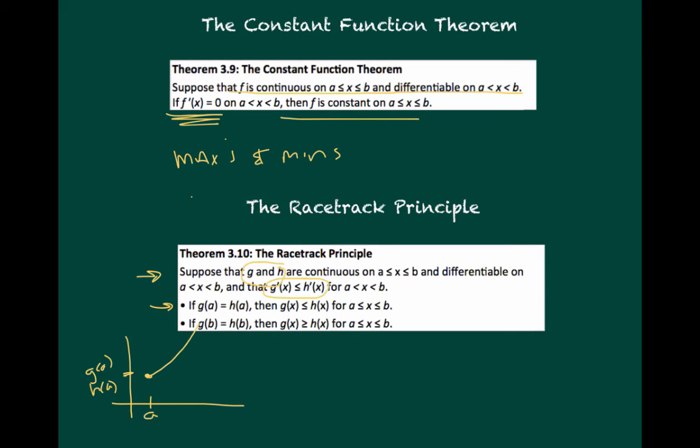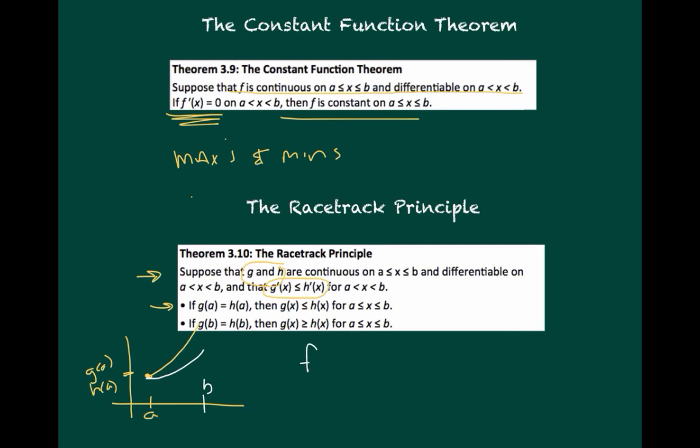The derivative of g is going to increase more slowly. So that means that g of x will be below h of x the entire time until we hit the end of the interval at b.